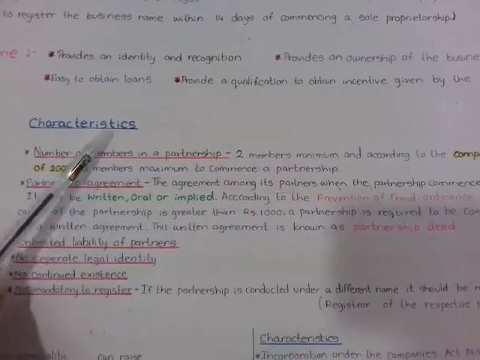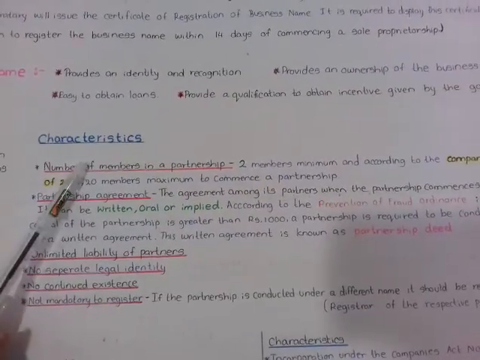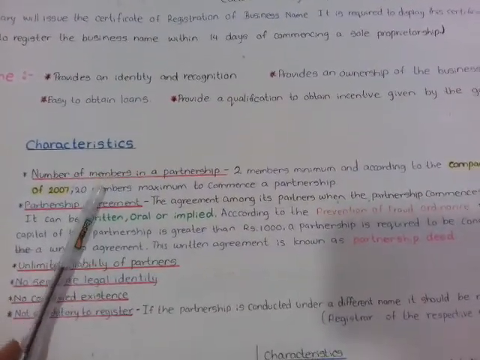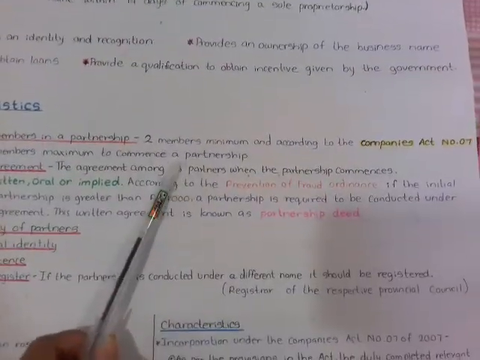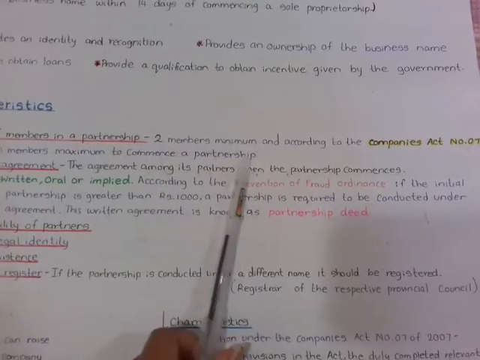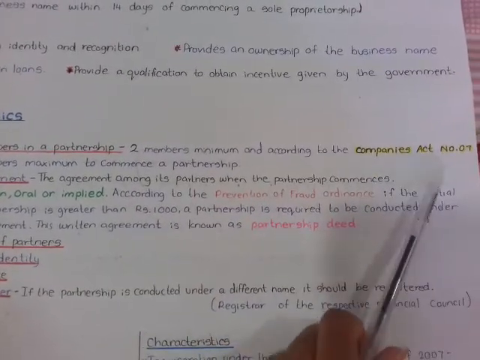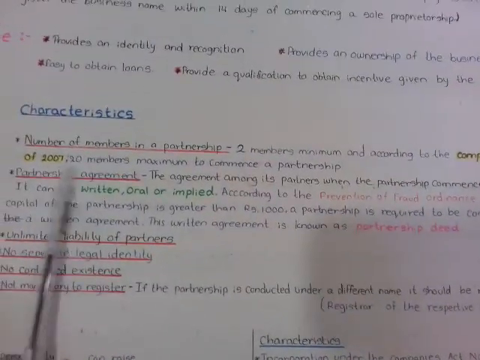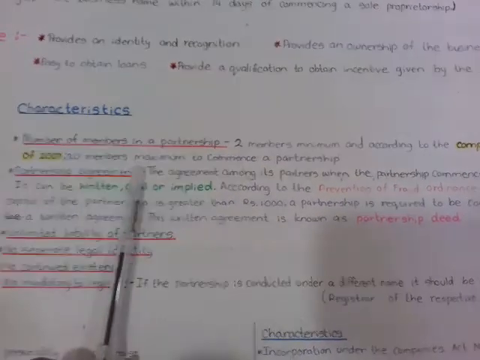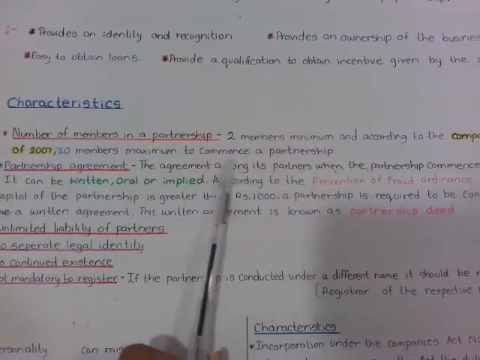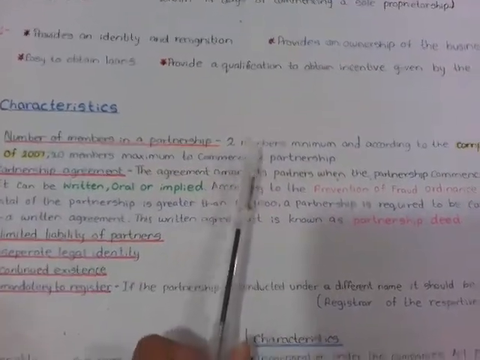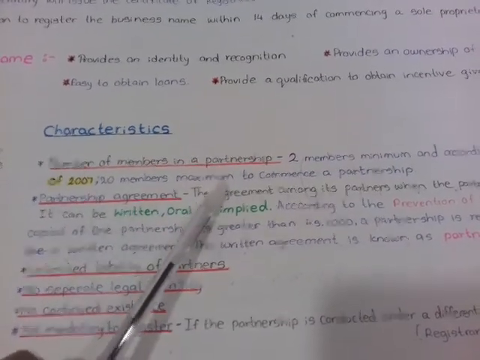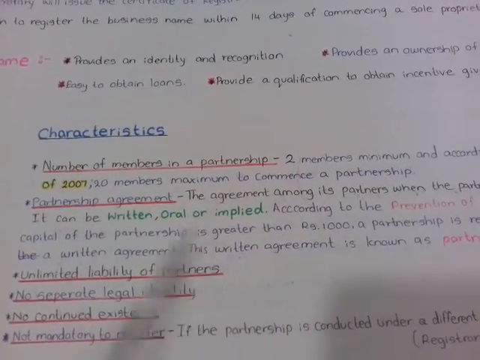And what are the characteristics of partnerships? The number of members in a partnership. So 2 members minimum, and according to the Companies Act number 7 of 2007, 20 members maximum to commence a partnership. That means there should be 2 members minimum or 20 members maximum to start a partnership.